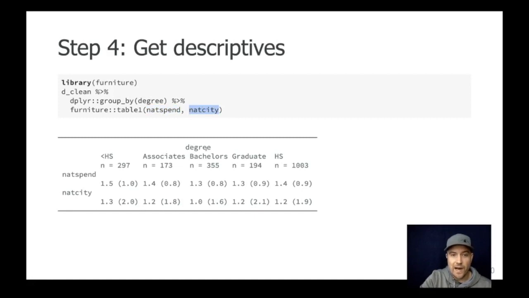Because we're grouping by degree, we get the counts up here and the means and standard deviations of both of these variables. The table 1 function is really flexible. We'll use it for a couple of things just to understand our data. You can throw in as many variables as you want here, and you can group by more than one variable if you want as well.